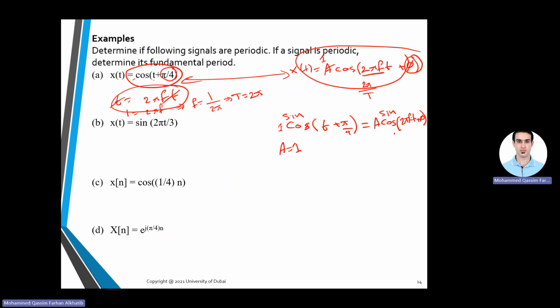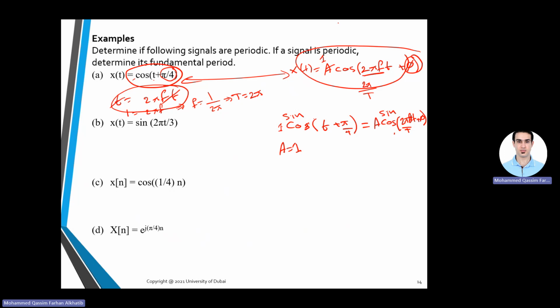If you want, 2 pi over T, you mean like this? 2 pi over T is the frequency. So instead of writing 2 pi f, you can say 2 pi over T. It's fine.